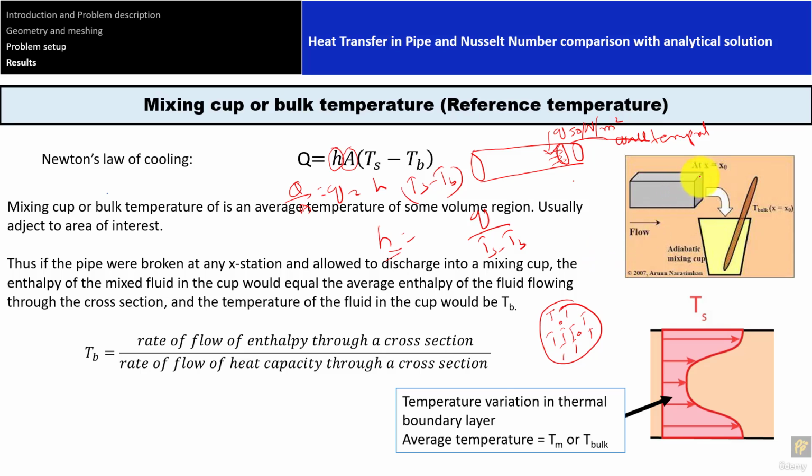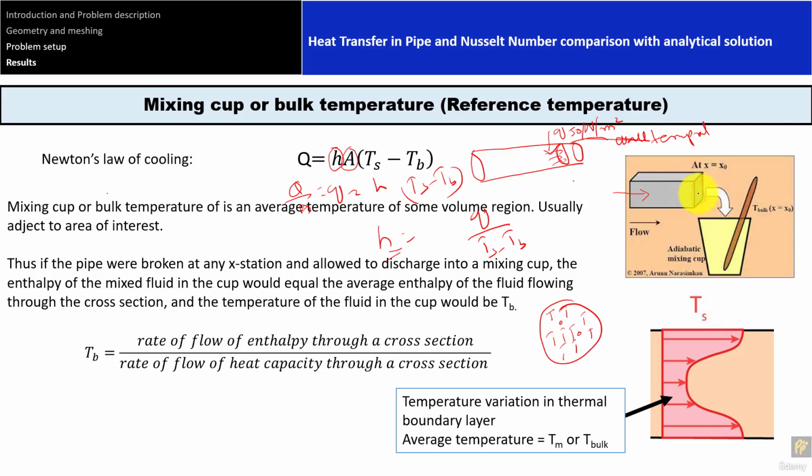Now just take a look here. There's some body from where the hot fluid is going through. If you take a plane at x equal to x naught, there is a variation of temperature along this whole plane.